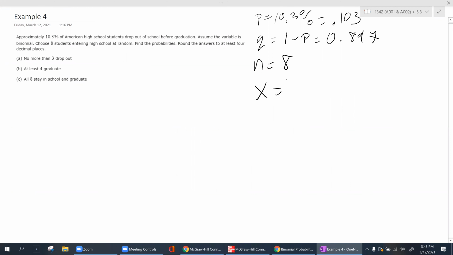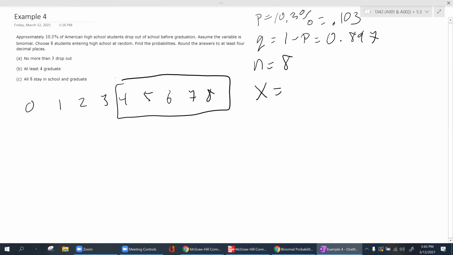We were told that at least 4 graduate. So what does that mean? If you were to write these all out, 1, 2, 3, 4, 5, 6, 8, at least 4. So you're looking for x greater than or equal to 4. You would plug in the same thing into the calculator, with x equal to 4, but the probability you're looking for would be x greater than or equal to 4.